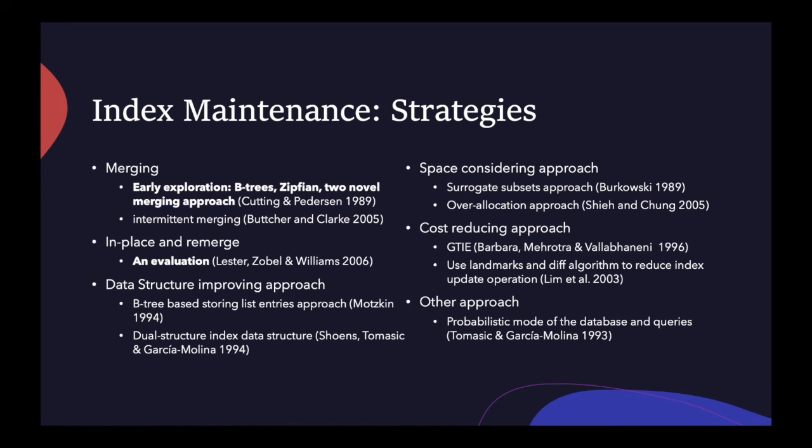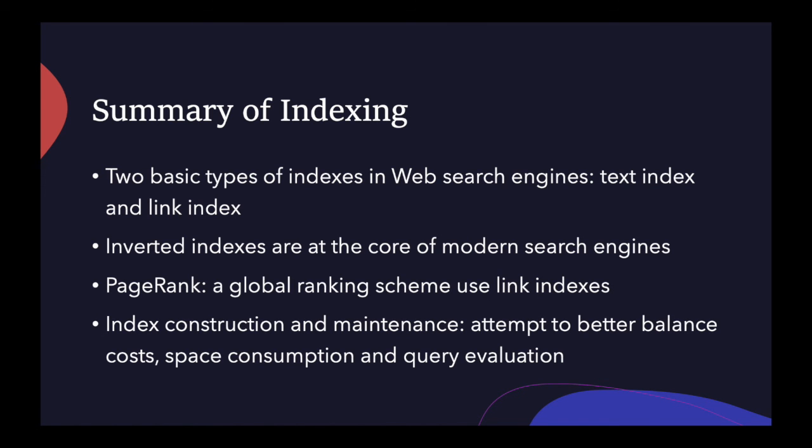The finding of the experiments on large volumes of web data is that in-place update is more suitable when the memory buffer size is limited or the insertion rate is low, while remerge is the fastest approach if large buffers are available. Here is a summary for indexing.